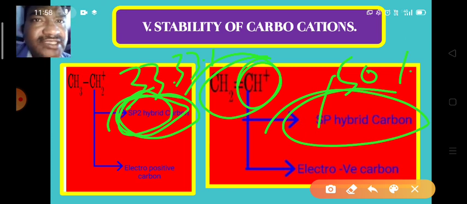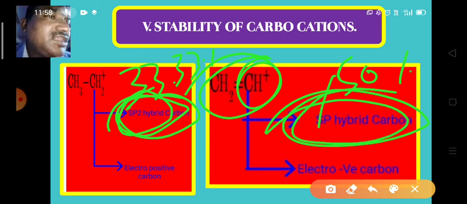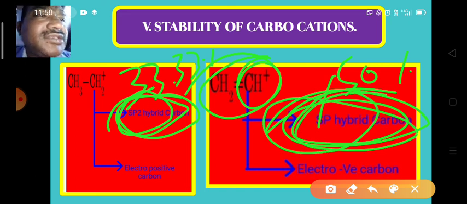That means the s orbital in sp hybridization goes very close to the nucleus compared to sp2 hybrid orbitals. As a result, the sp hybrid orbitals become more electronegative than the sp2 hybrid orbitals.